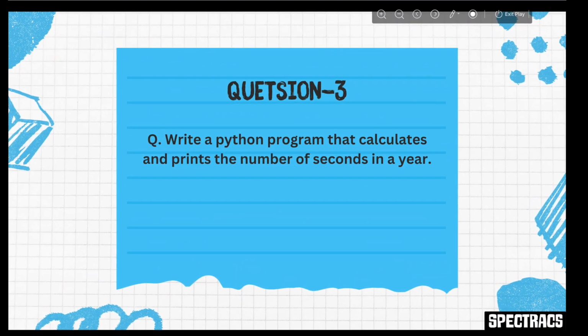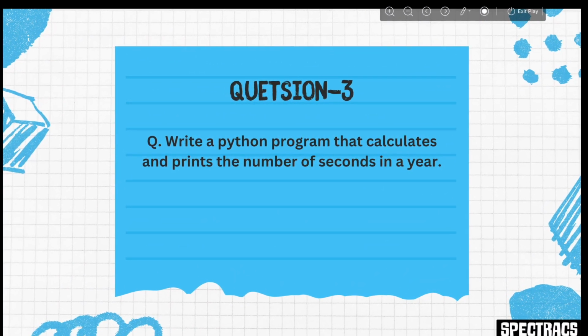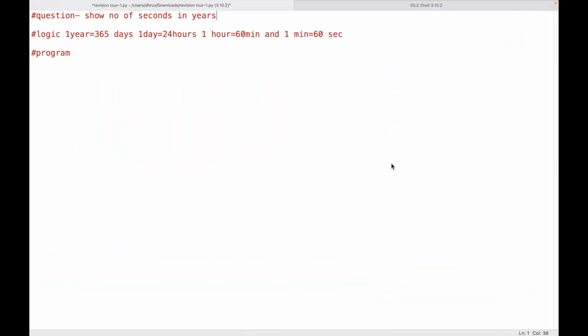Write a Python program that calculates and prints the number of seconds in a year. So in this question they're asking us to show the number of seconds in a year. So we're going to use this logic: 1 year has 365 days, then 1 day has 24 hours, then 1 hour has 60 minutes, and 1 minute has 60 seconds.